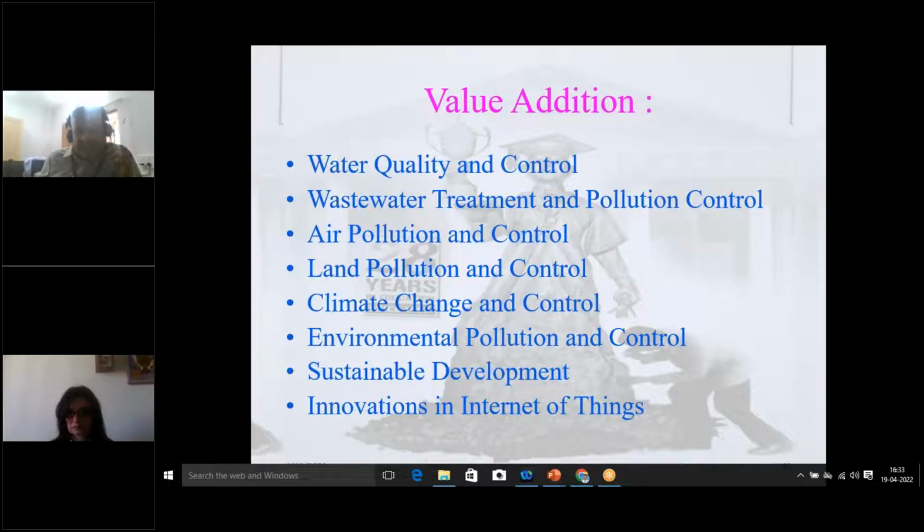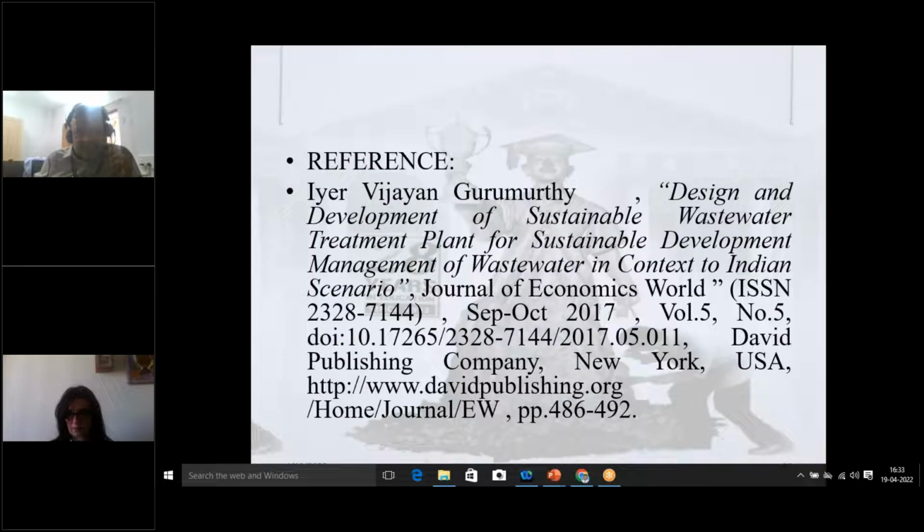Innovations in the Internet of Things and artificial intelligence technologies. The reference is Iyer Vijayan Gurumurthy, Design and Development of Sustainable Wastewater Treatment Plant for Sustainable Development Management of Wastewater in context to Indian scenario.